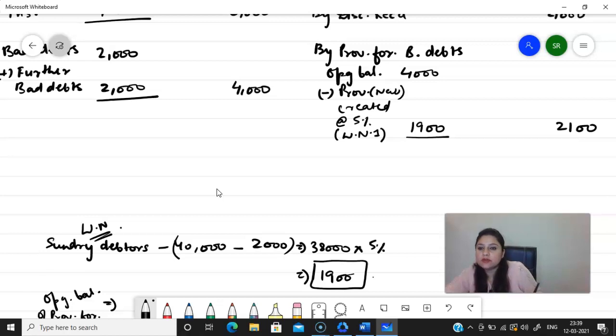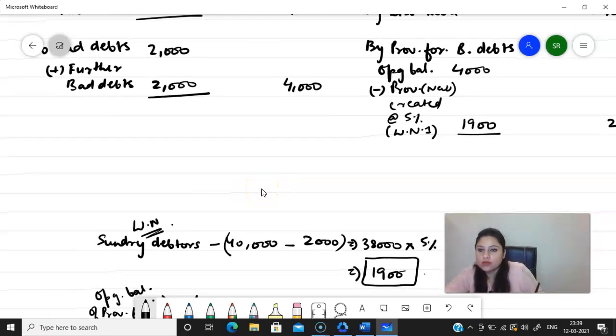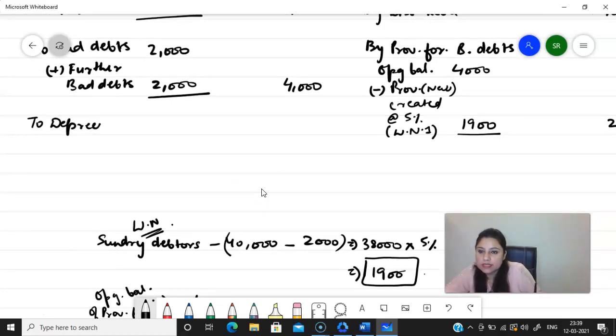So here we will write down depreciation, and the depreciation rate we have been given, which is on plant and machinery. So plant and machinery account is 80,000, on which we have to provide 10%. So 10% on 80,000 amounts to 8,000.